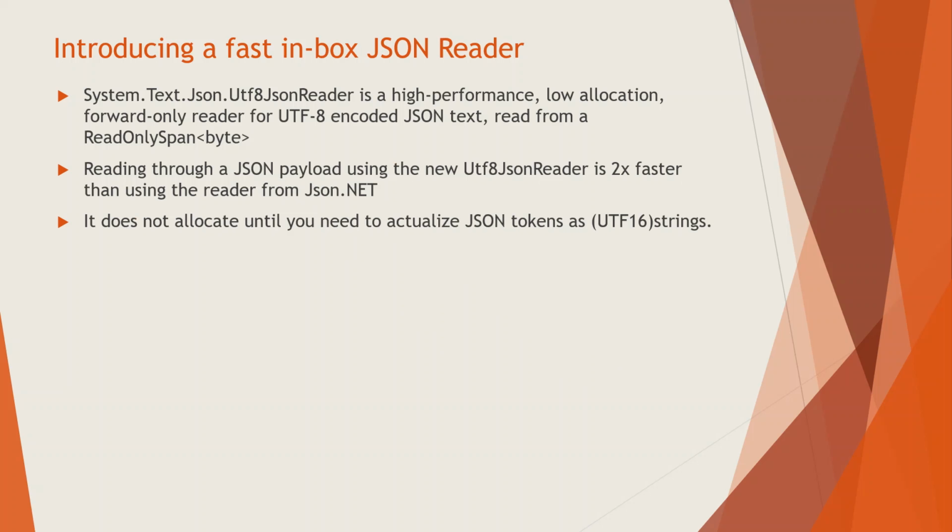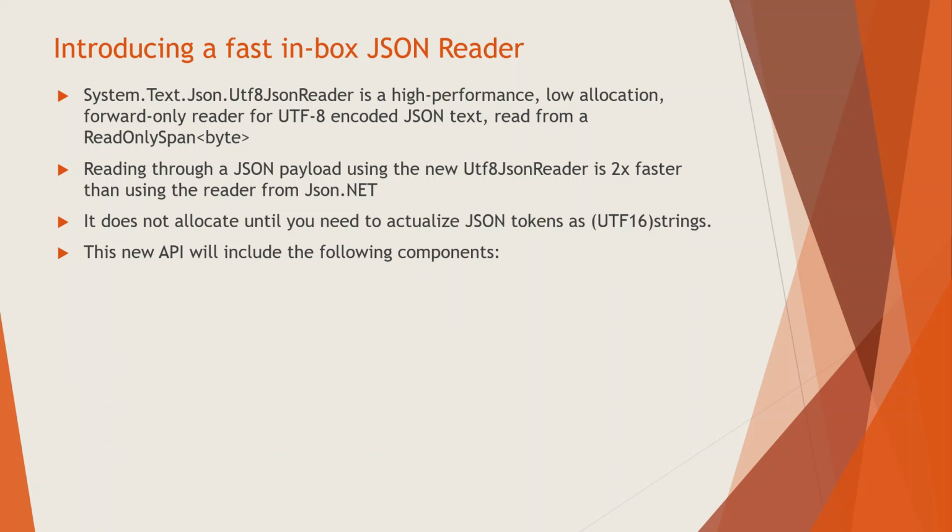JSON.NET has so far been used extensively in the Microsoft .NET framework. Now a new UTF-8 JSON reader has come, which has replaced the conventional JSON.NET. It doesn't allocate until you need to materialize JSON tokens as UTF-16 strings.